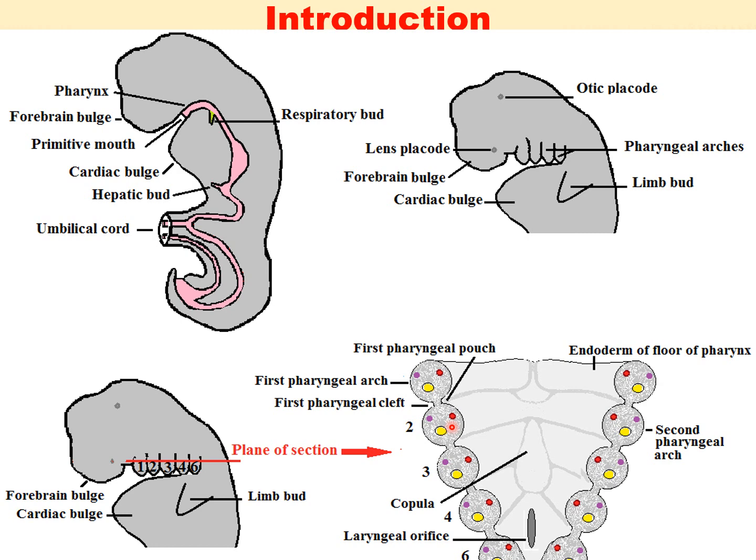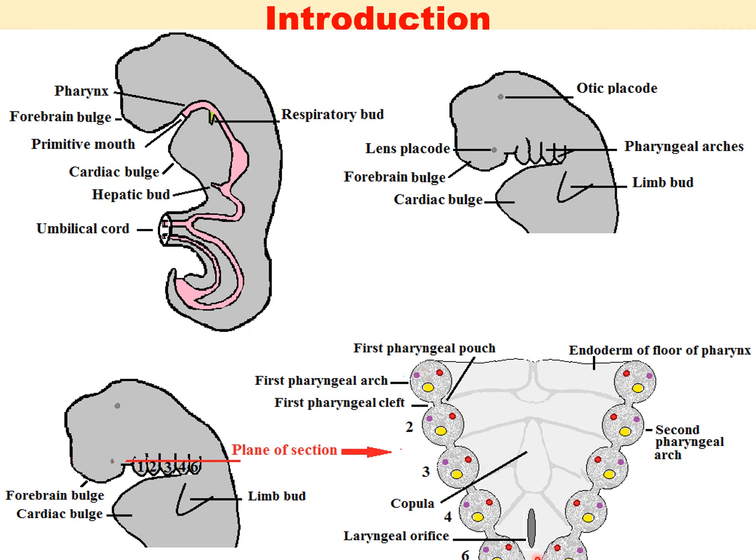Then when we talk about the derivatives of each of the remaining arches, as we said, the fifth arch disappeared, so the remaining five arches, the first, second, third, fourth, and sixth arches, give derivatives.